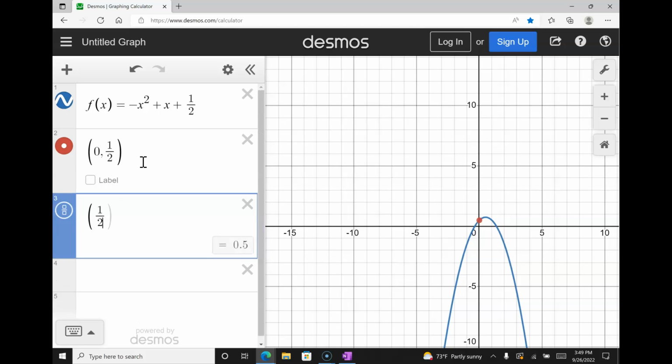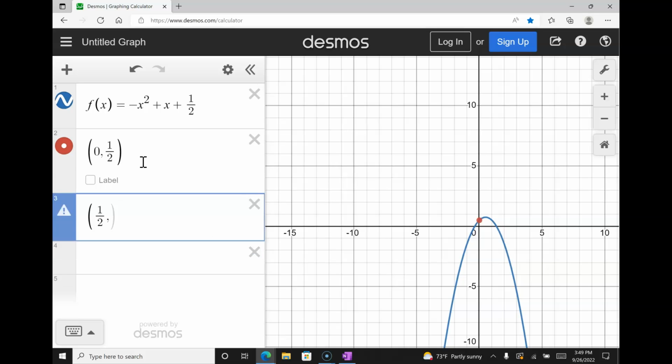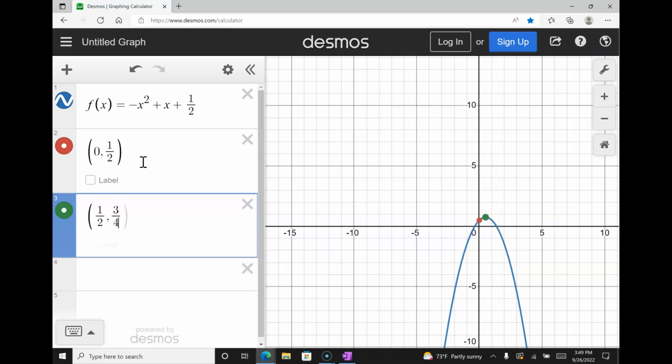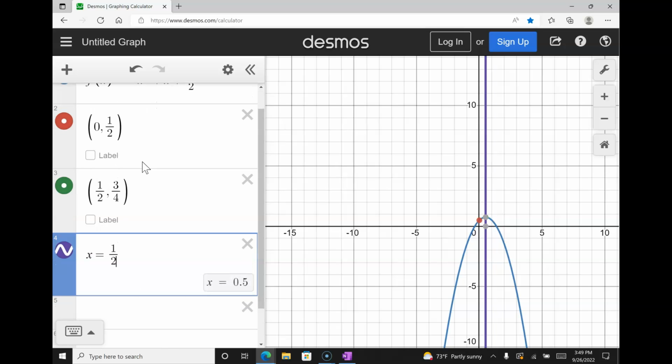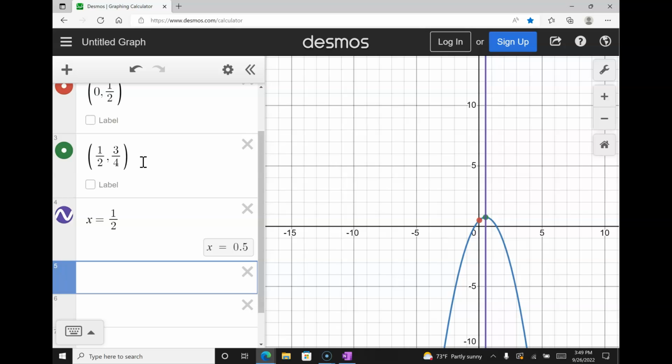Nice. I had something else, didn't I? Oh, x equals 1/2 is my axis of symmetry, right? You can see the symmetry around that line. I got to find the roots, the x-intercepts, yeah? Are you ready for it?